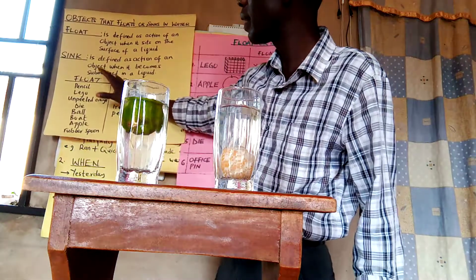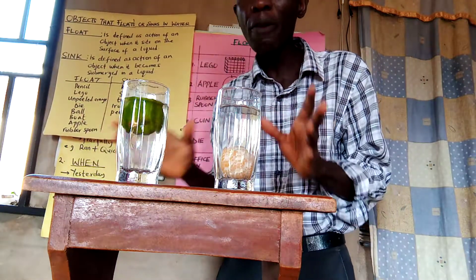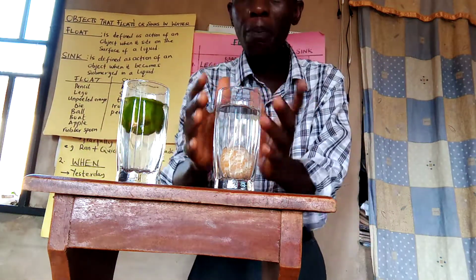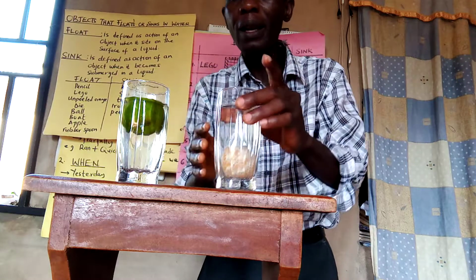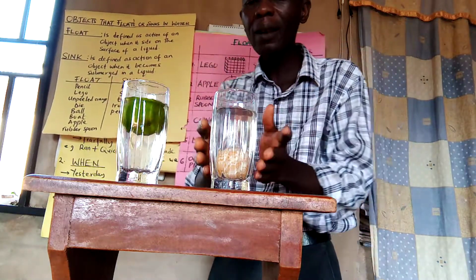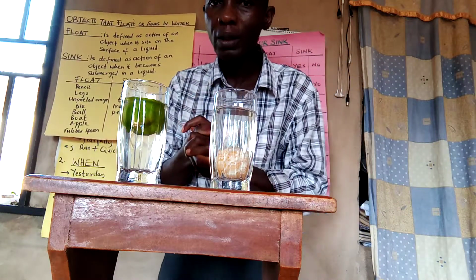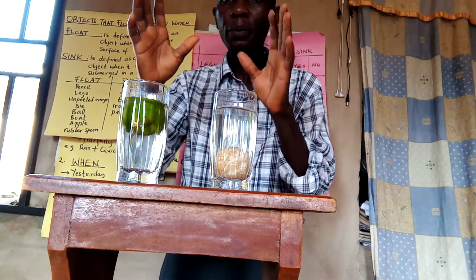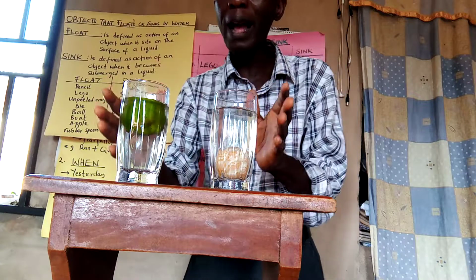Then we also learned that sink is defined as the action of any object when it is submerged. You can see that the water in this glass cup has submerged that peeled orange. So you see the difference between float and sink.